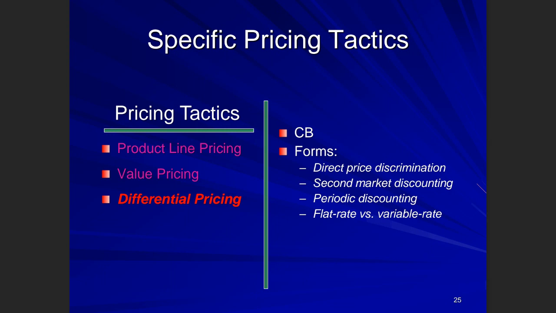We have what we call second market discounting. And here, this is an interesting thing. When we talk about second market discounting, basically, it's where we have excess production that is sold to a secondary market at a discount. And we see that alive and well within the power industry in this province.